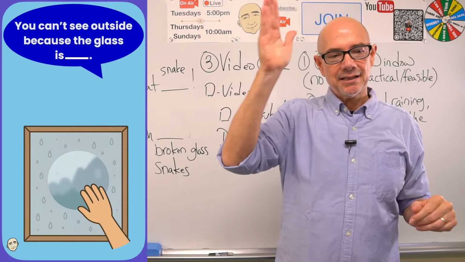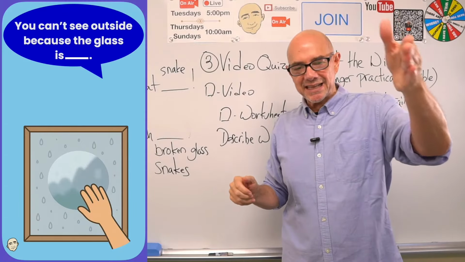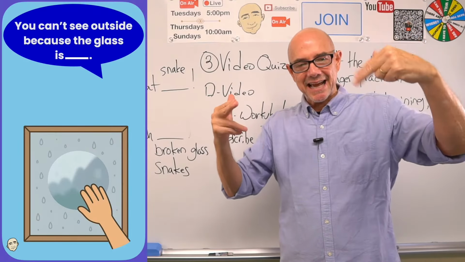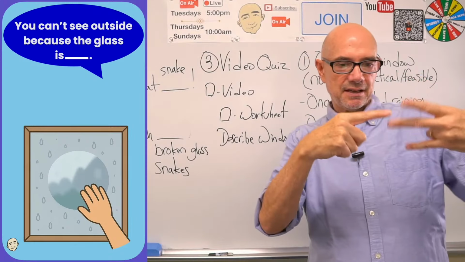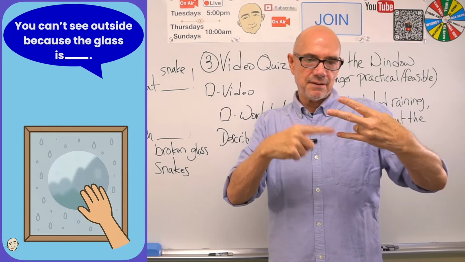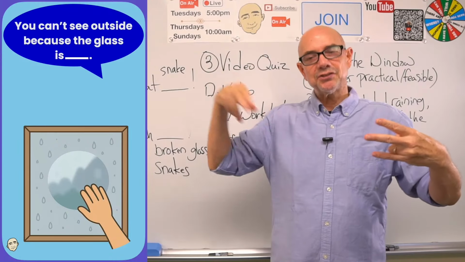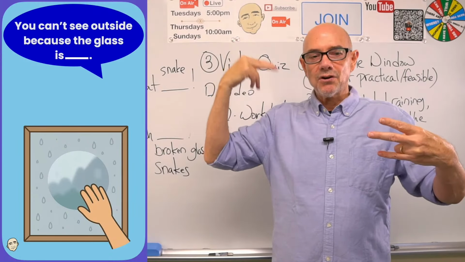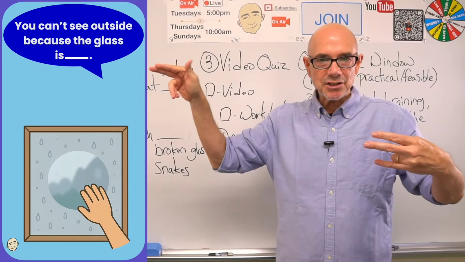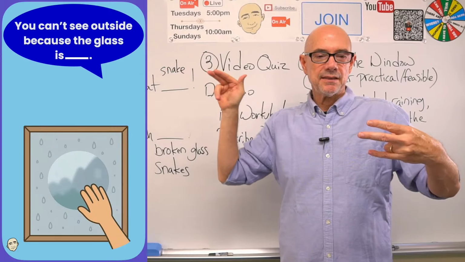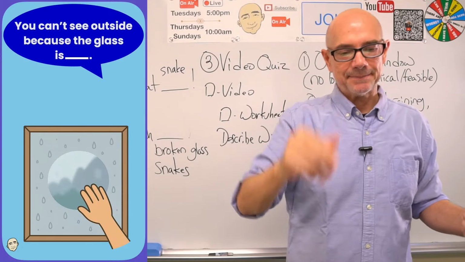Why can't they see outside? I'm going to give you a few seconds to make a guess, and then I'm going to give you 3 options. At first, I want you just to think of your own idea. What could be the possible adjective, the possible word, and then I will give you a choice of 3, and then choose the best of the 3.